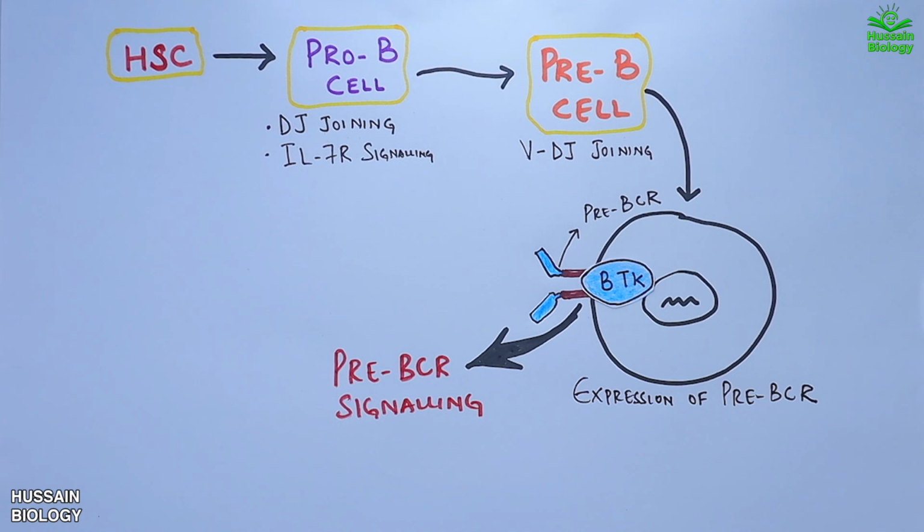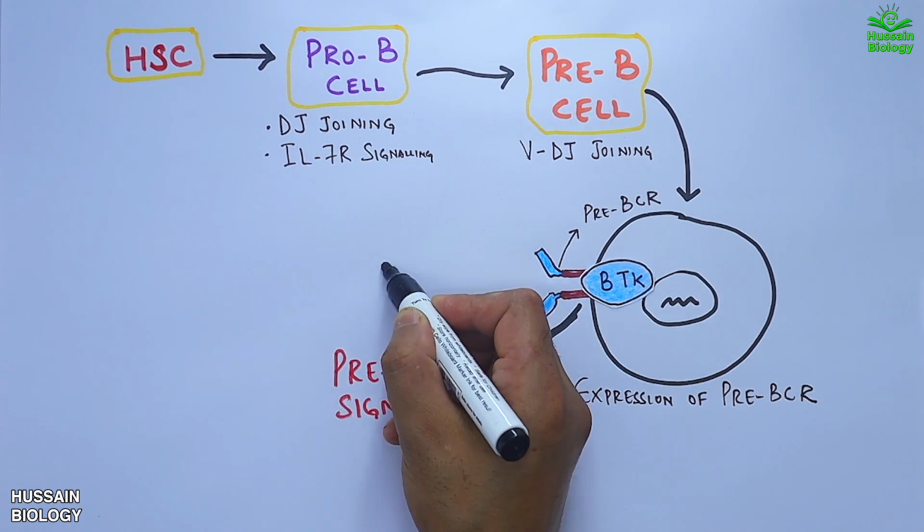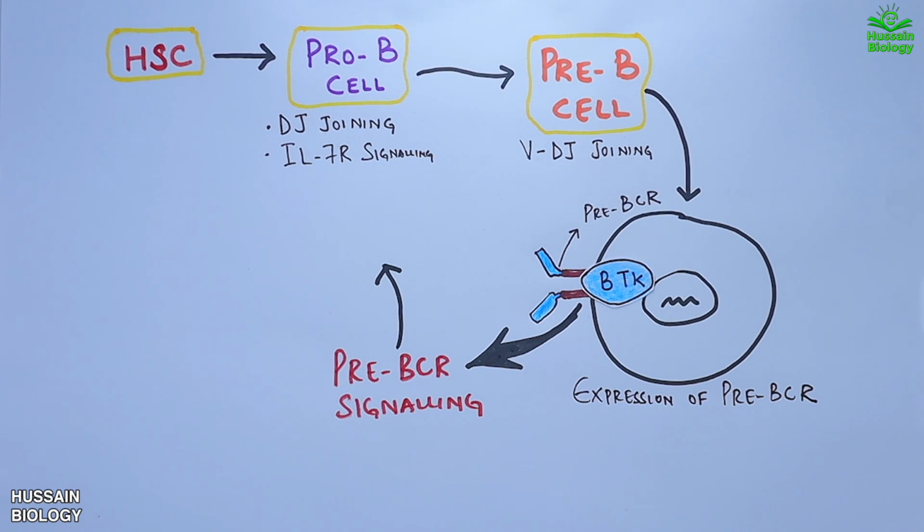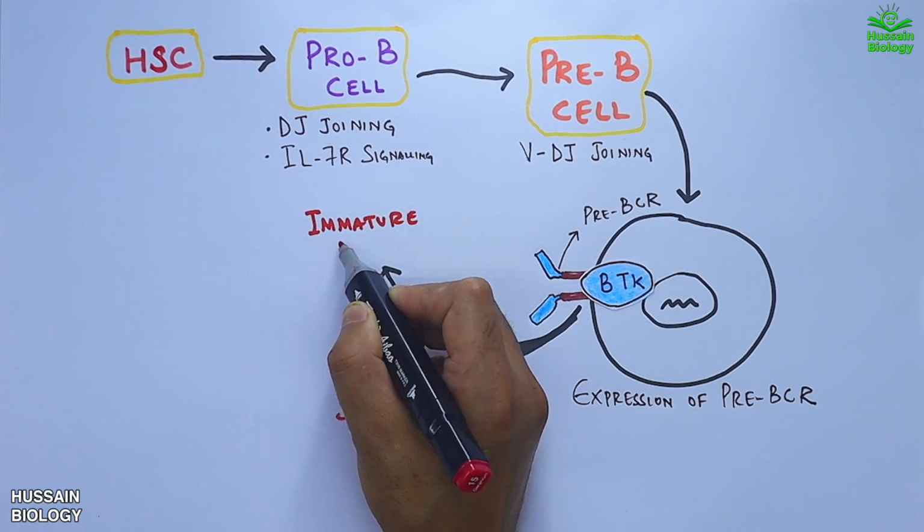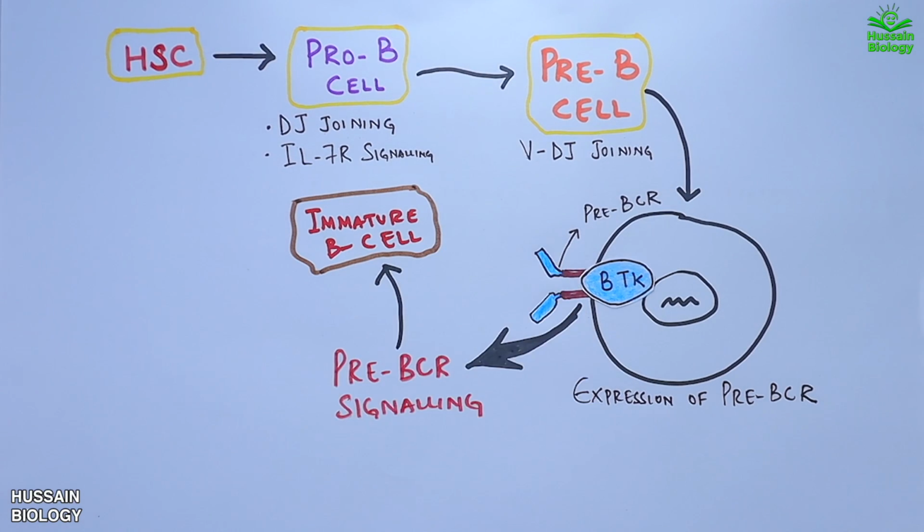Now moving further, once BTK protein is activated upon pre-BCR engagement, it initiates a signaling cascade that confirms the functionality of heavy chain and pushes the cell into the next stage, that's light chain rearrangement. Following this successful rearrangement, the cell becomes an immature B cell.